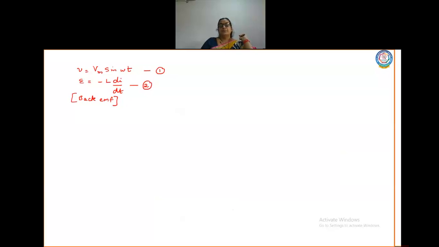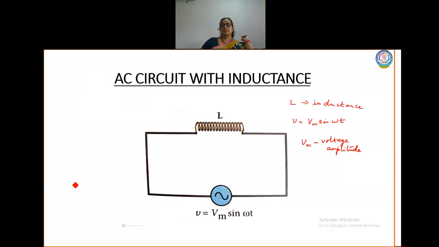Now I am going to apply Kirchoff's law to this circuit. Once again let us come back to this circuit. The potential given to the inductor is V equal to Vm sin omega t. This will produce a self-induced EMF given as epsilon equal to minus L di by dt. Applying Kirchoff's loop rule, what is the net potential drop across this circuit?